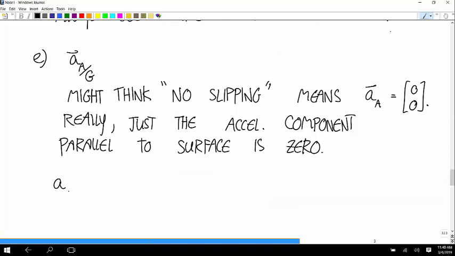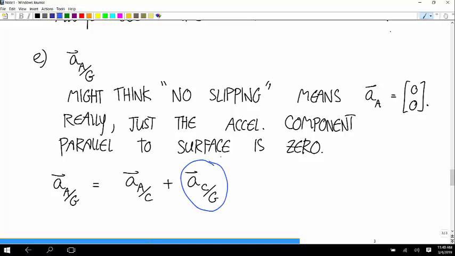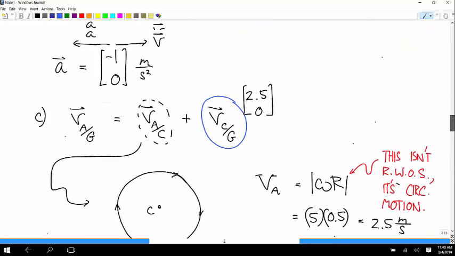So we know that the acceleration of A relative to the ground is equal to the acceleration of A relative to the center, plus the acceleration of the center relative to the ground. The acceleration of the center relative to the ground we calculated before.